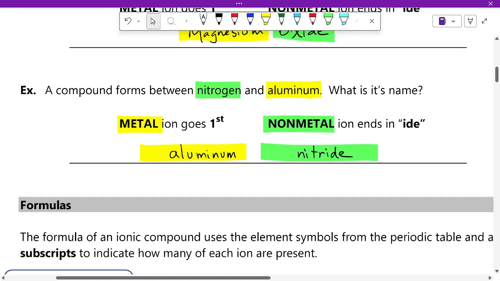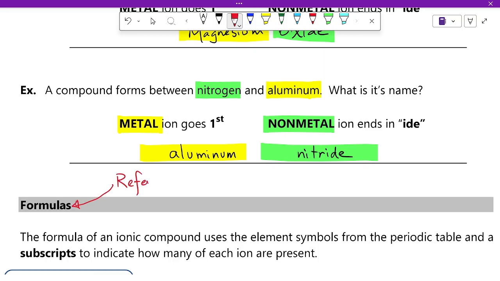Now, formulas. The word formula refers to the chemical symbols.